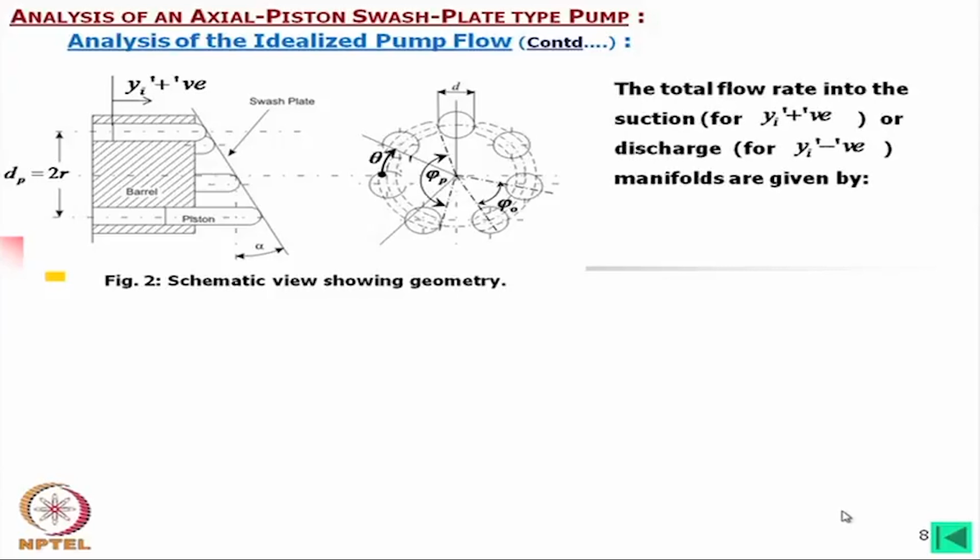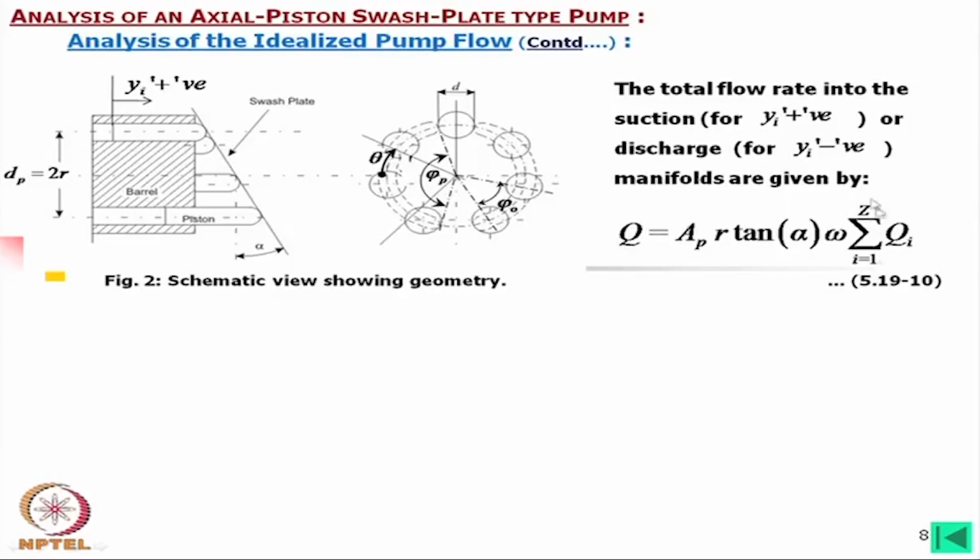Now, the total flow rate into the suction, that is Y i positive, or discharge, Y i negative, manifolds are given by the same equations, because we are only defining the quantity. But we have to consider Y positive and Y negative separately, because if we integrate together, ultimately it will become 0, as one is positive and the other is negative.